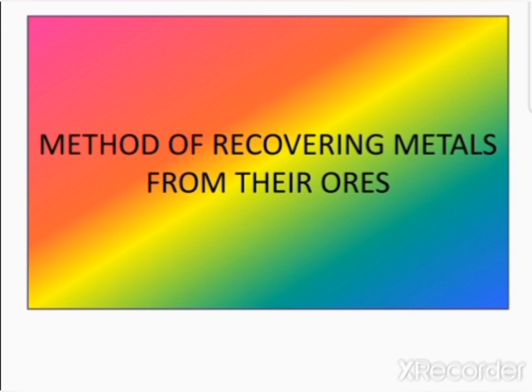Methods of recovering metal from their ores. The process of producing a metal from its ore always involves oxidation reduction reaction. Most of the metals are found in nature as oxides or sulfides.